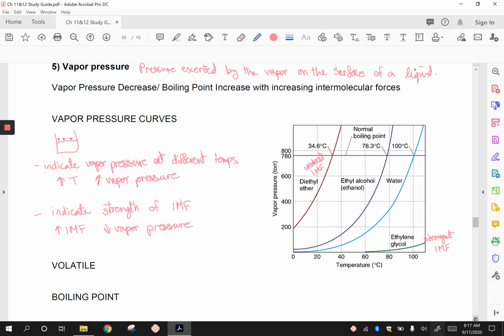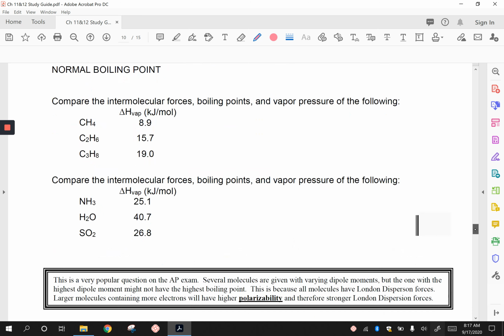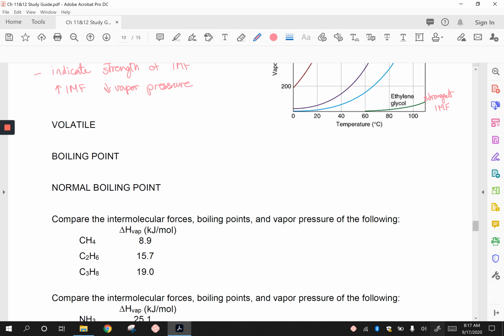Okay, some terms that you need to know about. Volatile. So volatile means easily evaporates. And let's relate volatility to intermolecular forces. So the stronger the intermolecular forces, the more attracted the particles are to each other, the harder it is to separate those particles physically, and the harder it is to vaporize them or evaporate them.